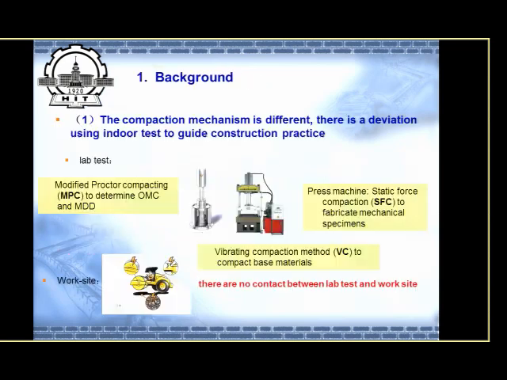Background and research content. In the lab, we use the modified proctor compaction MPC method to determine the optimum moisture content and maximum dry density, and use a pressure machine to fabricate mechanical specimens. But at the work site, we use a vibrating roller to compact the base material.